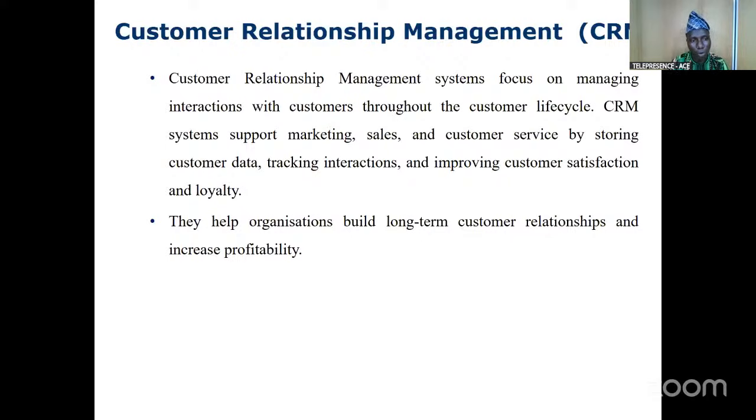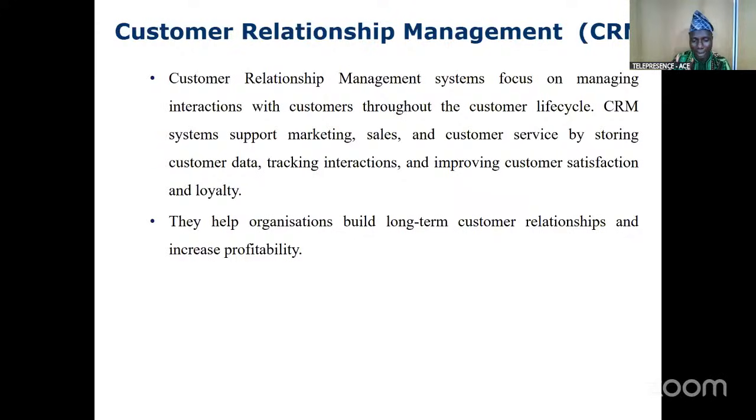We also have customer relationship management, the CRM. The customer relationship management system focuses on managing interactions with customers throughout the customer lifecycle. It supports marketing, sales, and customer service by storing customer data, tracking interactions, and improving customer satisfaction and loyalty.